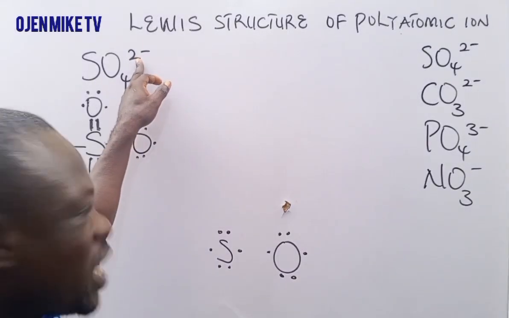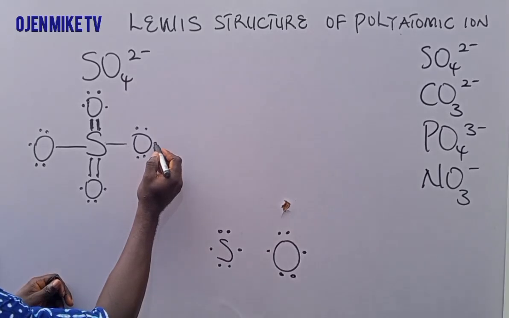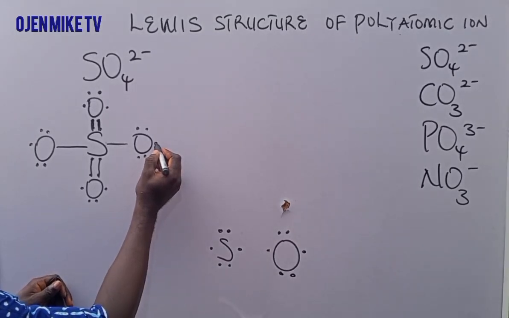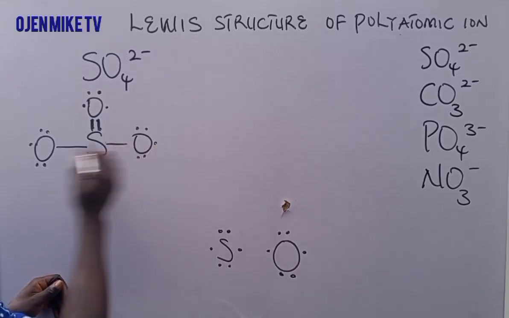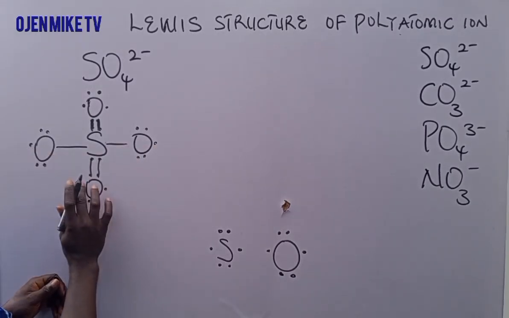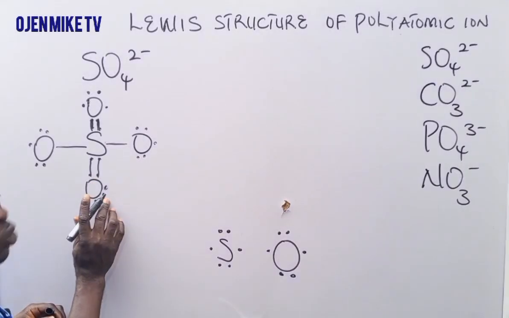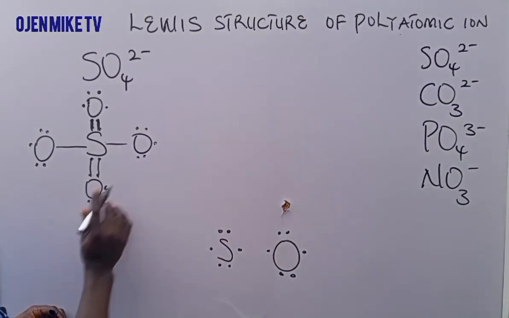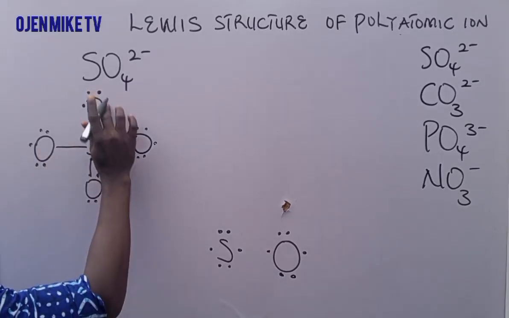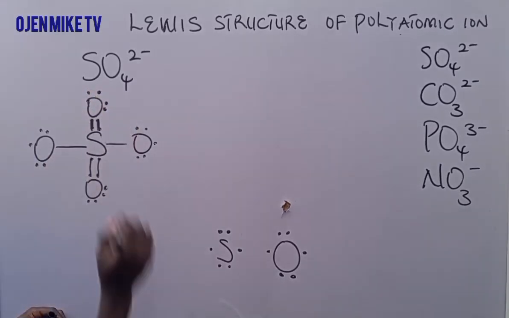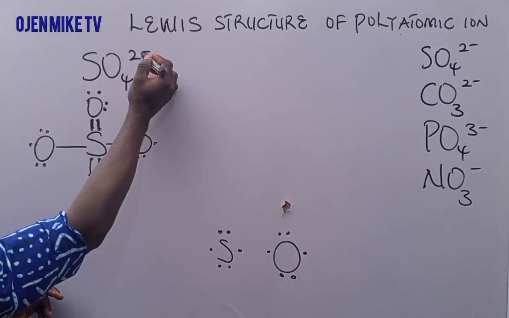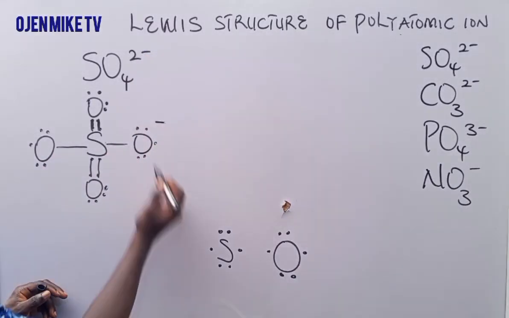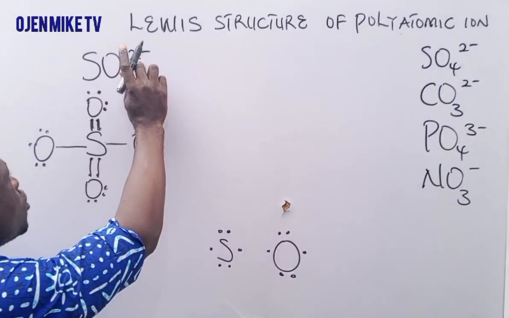Remember, minus means we are adding 2 electrons. This one has 1 here, this one has 1 and this one has 1. So we are going to remove this one. Two lone pairs of electrons here, and here we have the same. Now look at it, there are 2 electrons here.